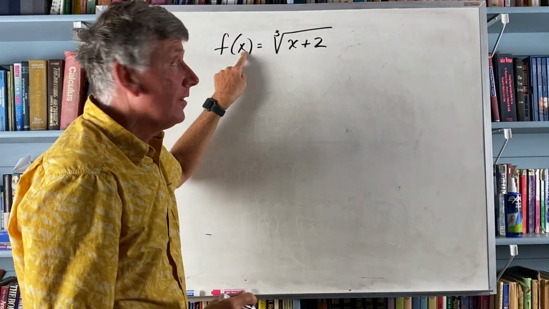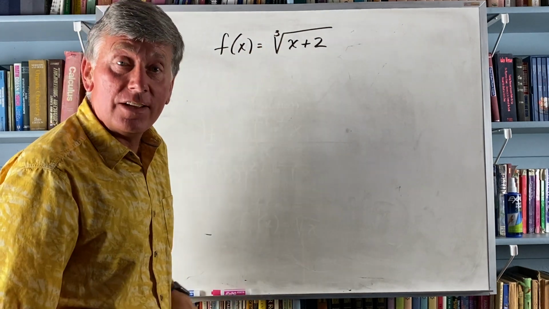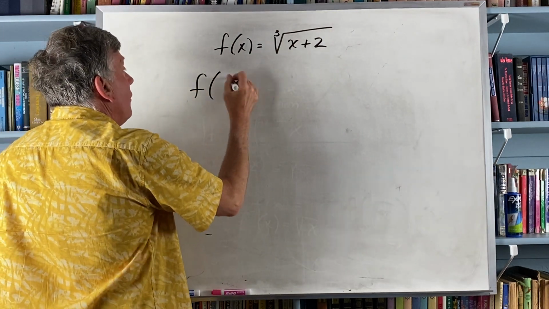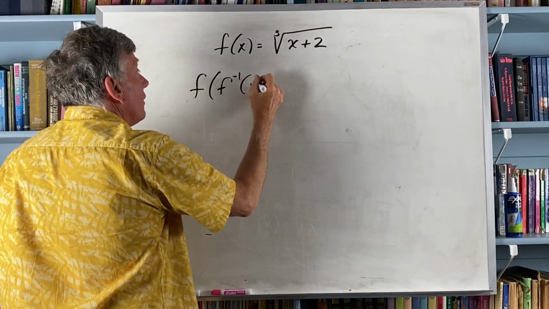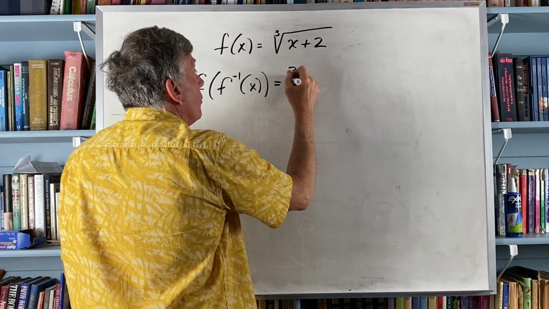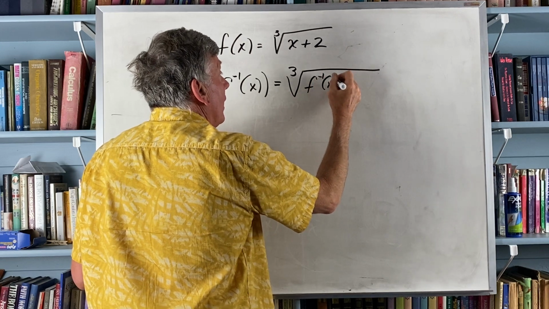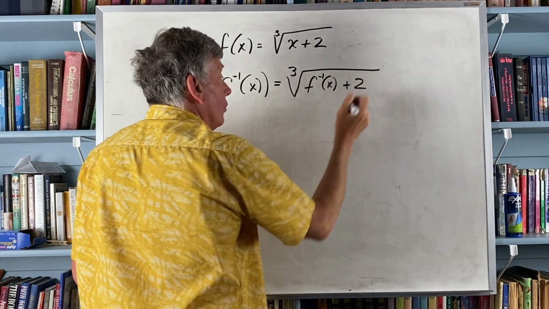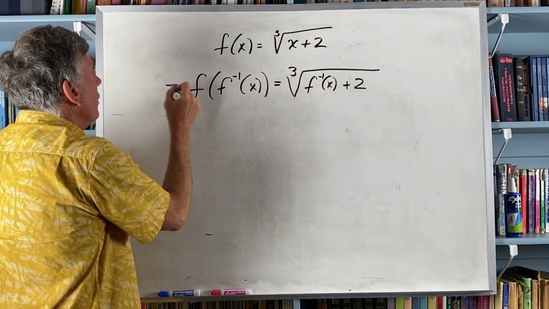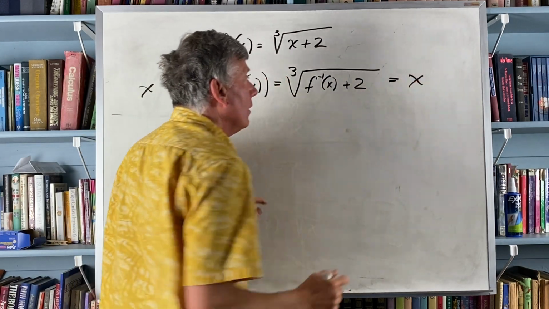Whatever's in this slot, first of all, you're going to add 2 to it, and then you're going to take the cube root. Well, f of f inverse of x is equal to the cube root of f inverse of x plus 2.